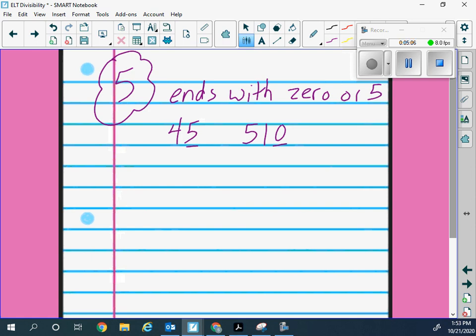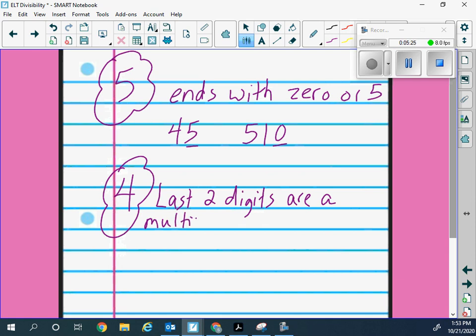How about 4? Anybody know the rule for 4? Here's 4. If the last 2 digits are a multiple of 4, that's what you're looking for.